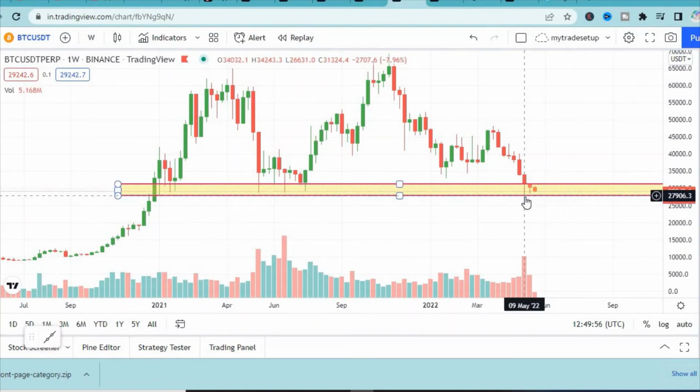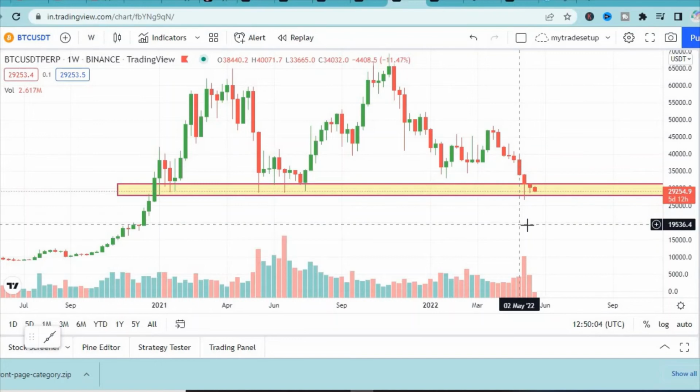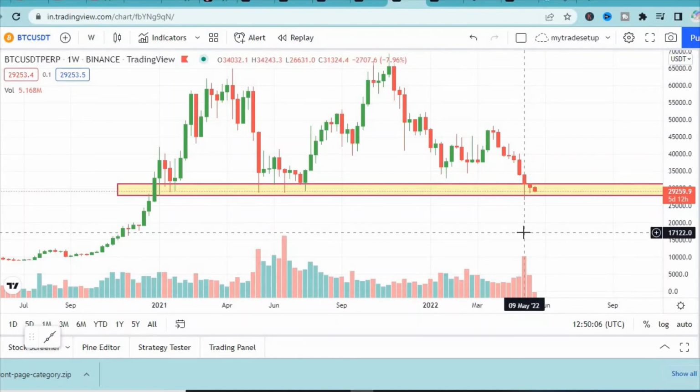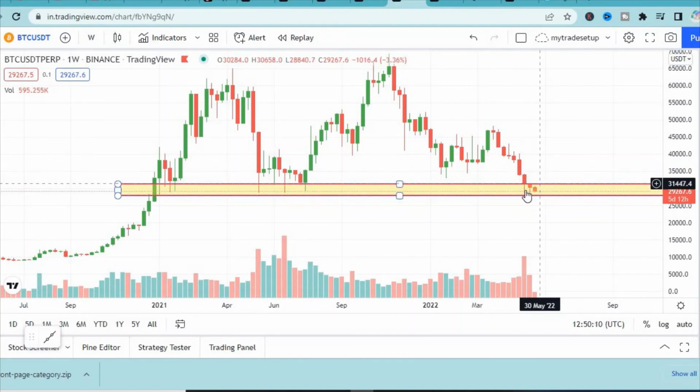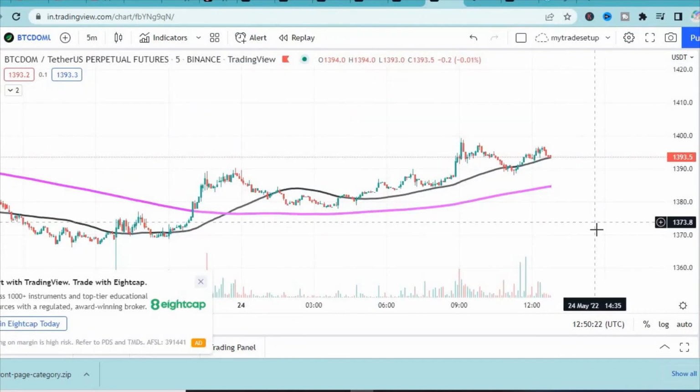If the low of this support band is broken down with volume, that will take Bitcoin drastically down to the lower levels. But for that to happen, it has to fulfill a lot of other parameters. So for now, it's trading within this crucial support band.